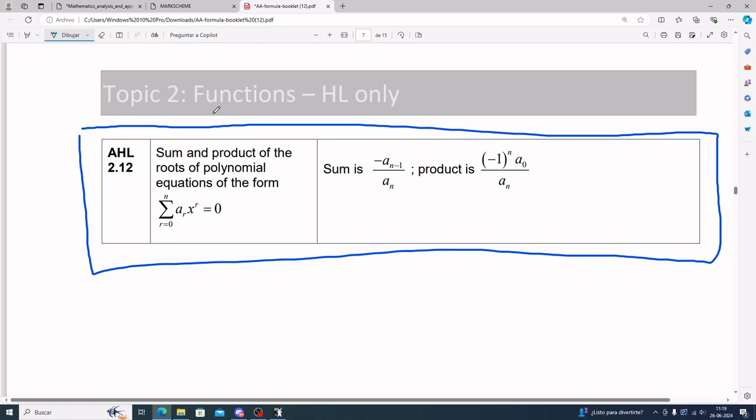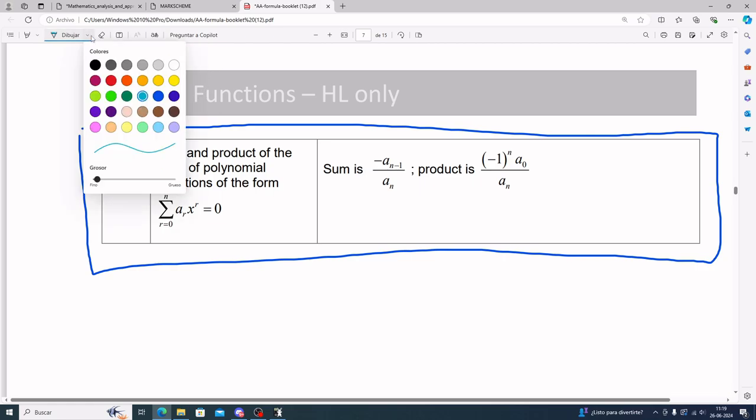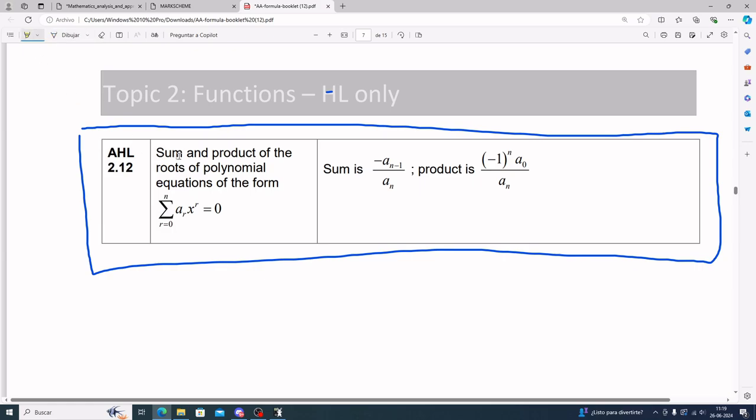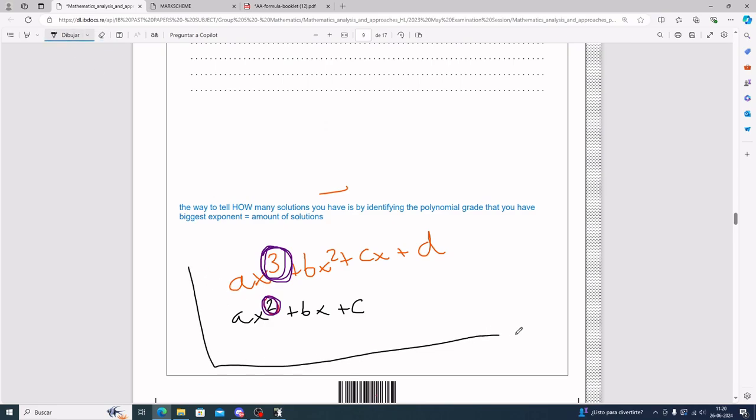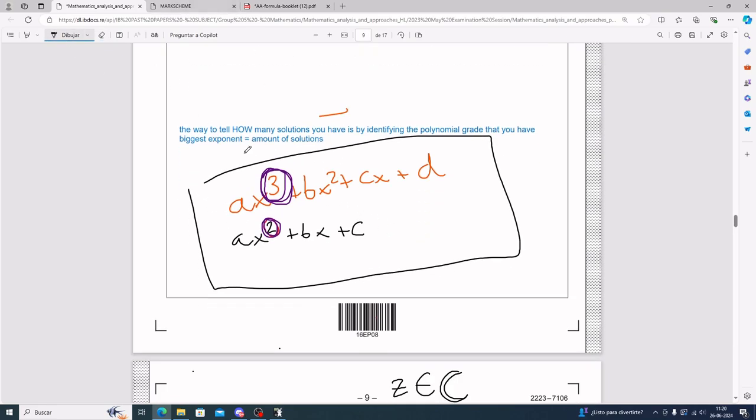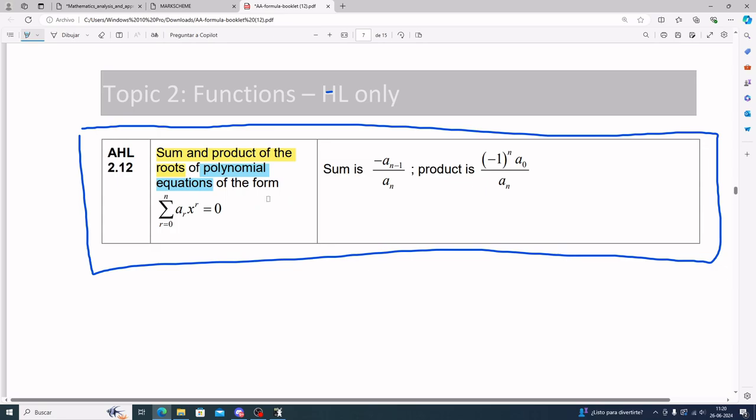This over here is a sort of math law, and it's telling you about the sum and product of the roots of polynomial equations, like these here, of the form shown.